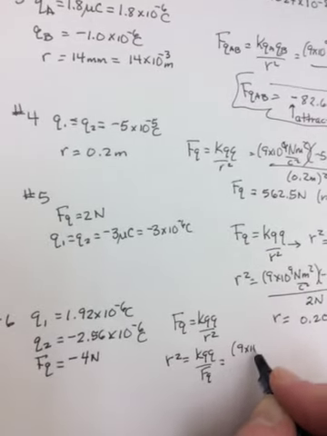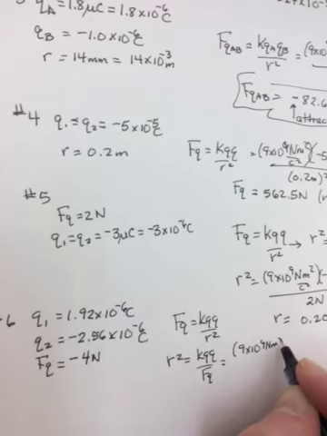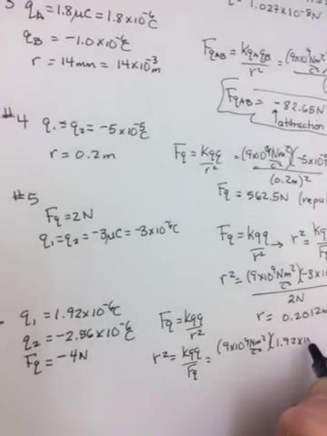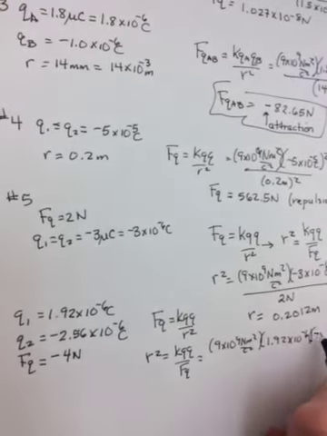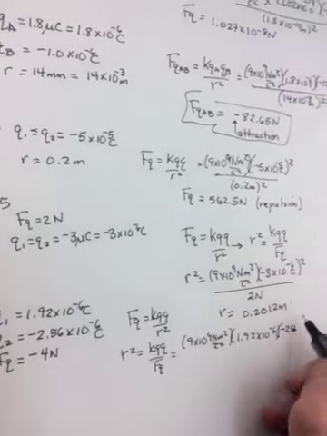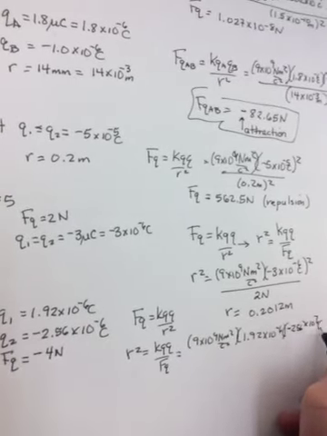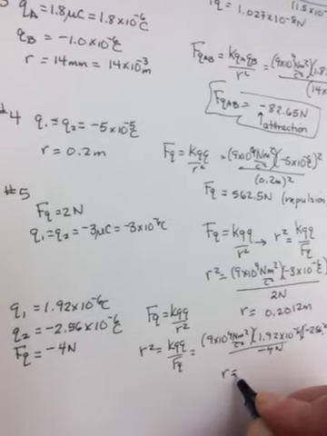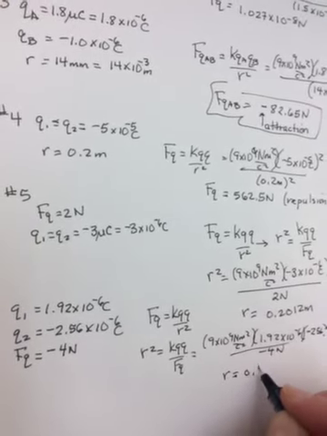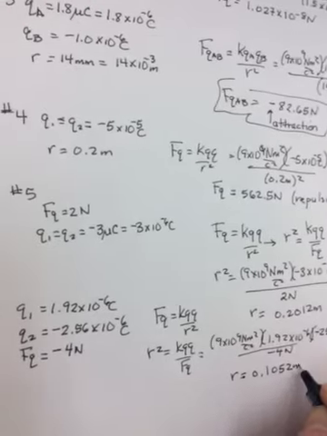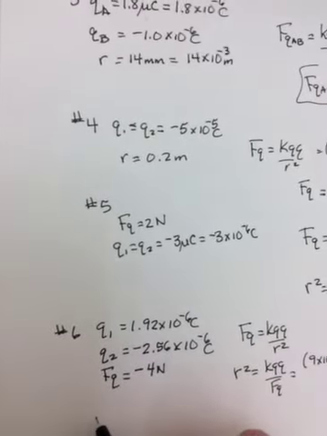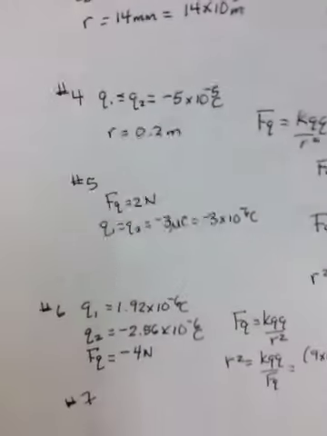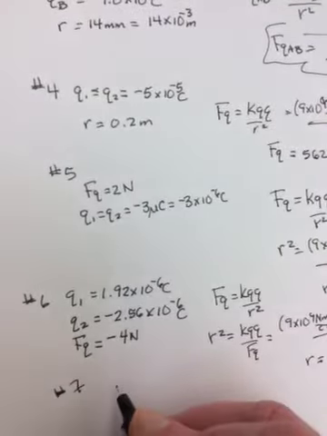So 9 to the ninth newton meters squared per coulomb squared, I'm going to run out of time, 1.92 to the negative 6, negative 2.56 to the negative 6, and you're dividing by negative 4. Remember to take the square root, and you get 0.1052 meters.